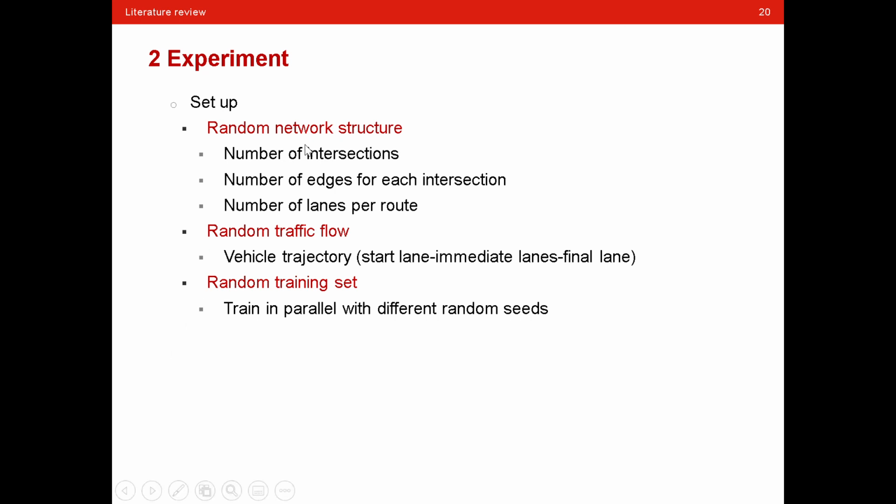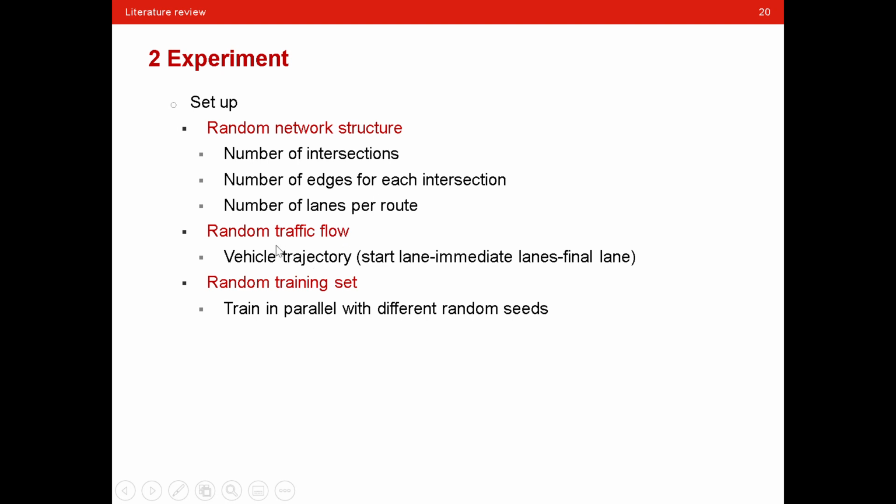The random network structure consists of two types of variation. The first is that the number of intersections is random, the number of edges in each intersection is random, and the number of lanes is also random. All three elements result in a random network structure.